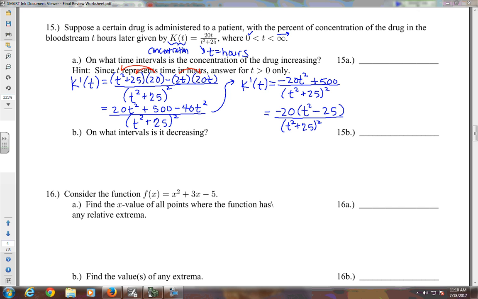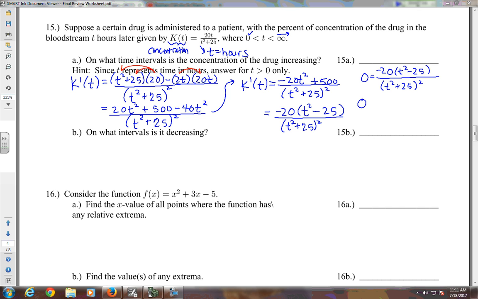Now, what I want to do is set this equal to 0 in order to get the critical numbers. Notice when I set this equal to 0 and then cross multiply, multiplying both sides by the denominator, it's going to cancel on the right and 0 out on the left.